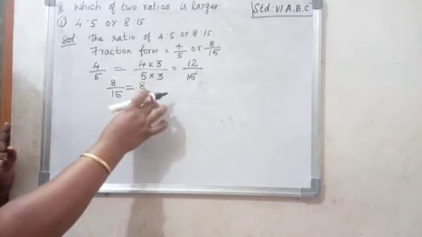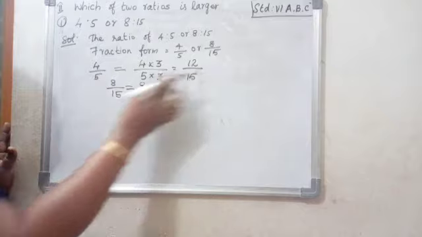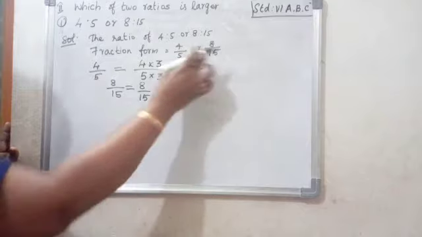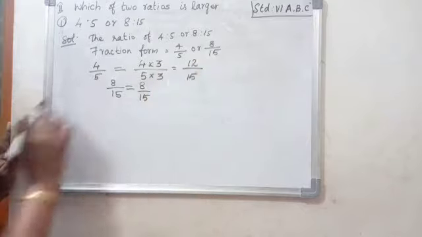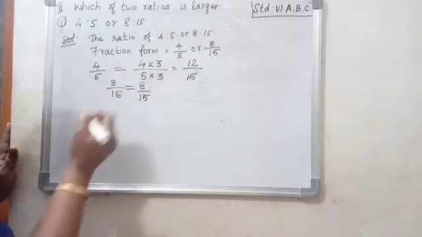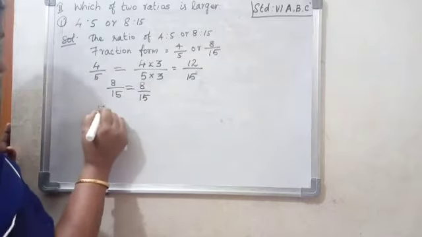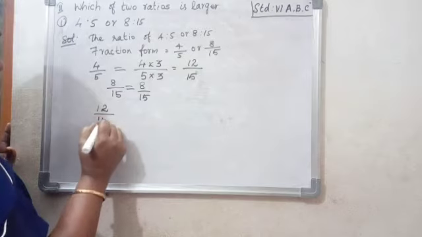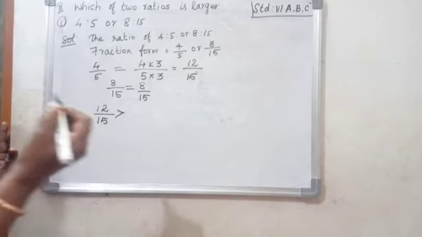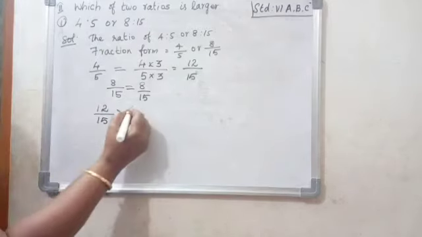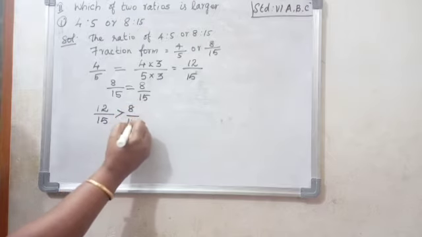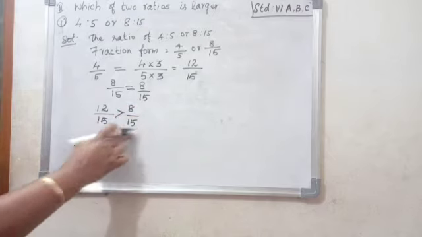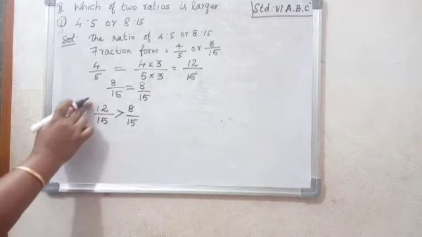That is, fractions with the same denominator, we call like fractions. Note it down. So which is the greater fraction here? 12 by 15 is greater than 8 by 15. Both have equal denominators, so 12 is the greater number.